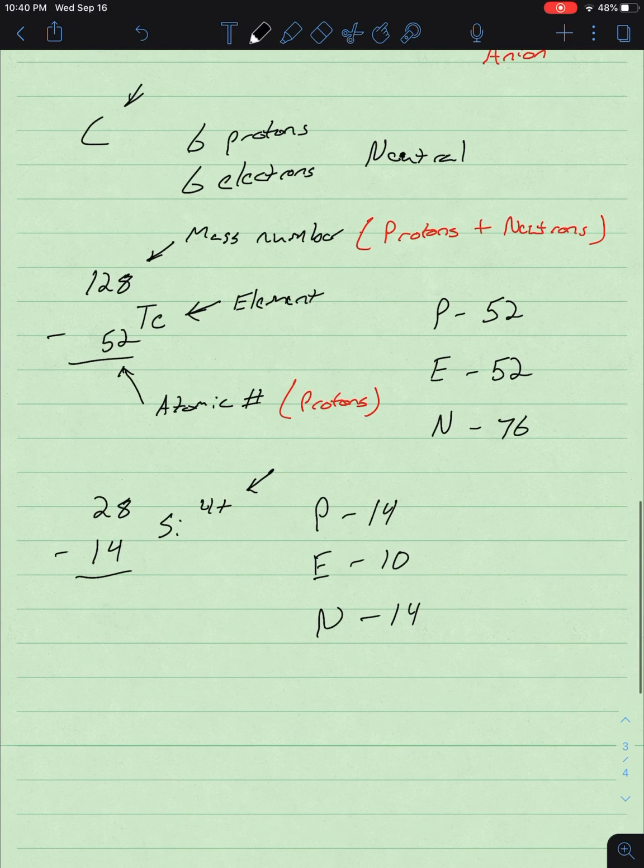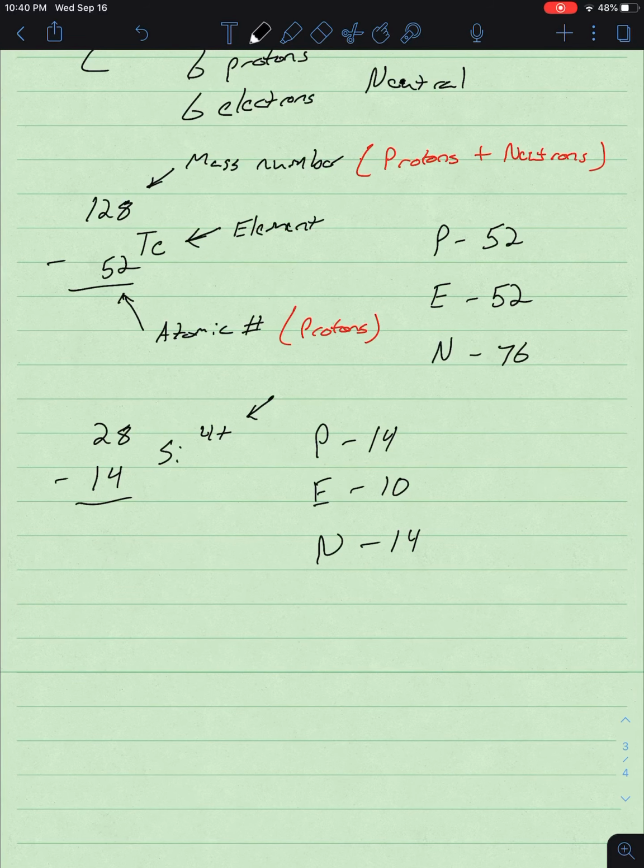Okay, so let's do one more example. I'm going to say arsenic 75. This is hyphen notation. I'm going to put this in a different color. This is hyphen notation.